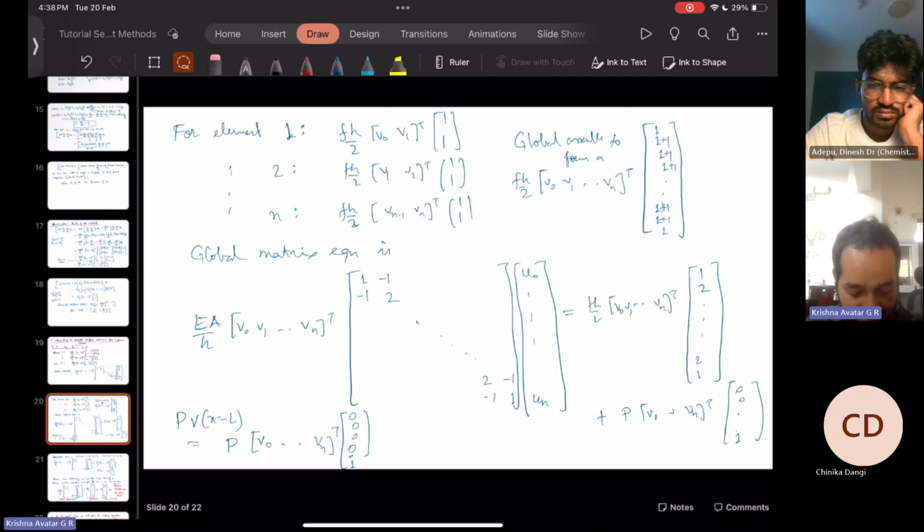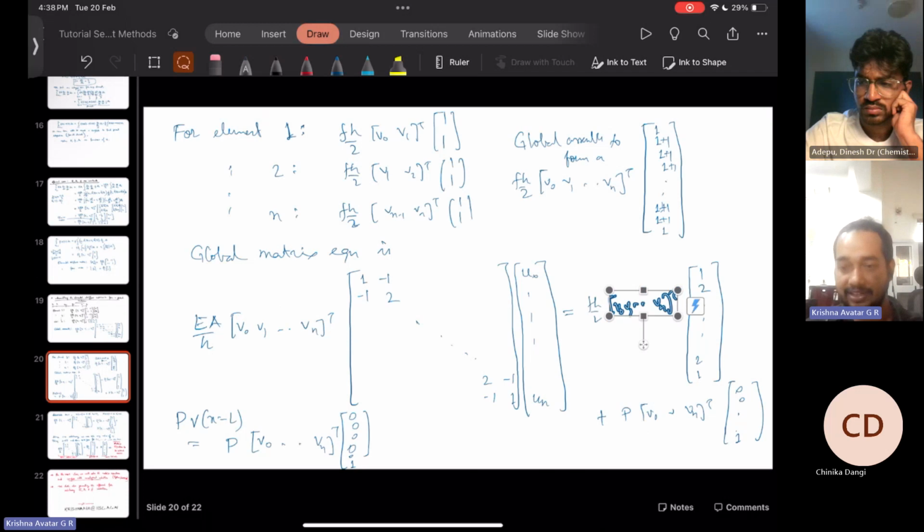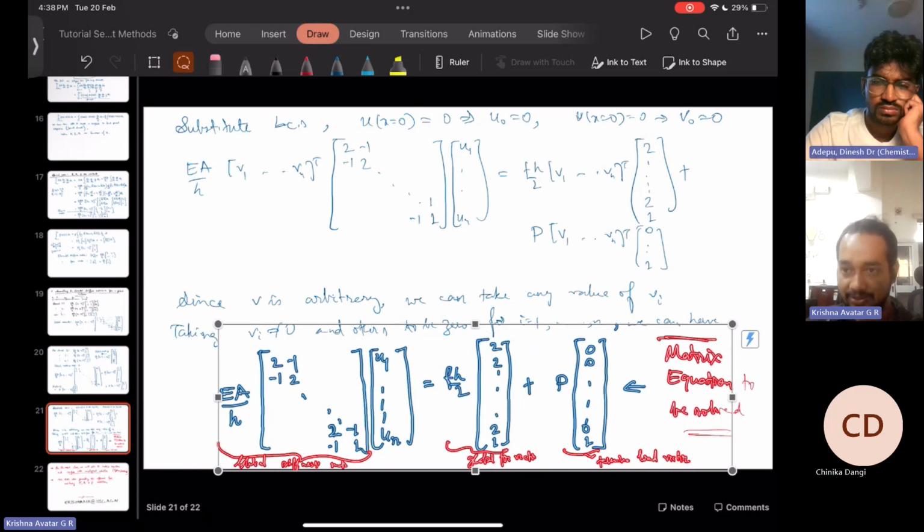Force comes on the right hand side, and then we eliminate these arbitrary constants on the left hand side, which are nothing but the arbitrary constants of the weighting function. And then eventually we were able to add the boundary conditions, and this is our final matrix system of equations that we are going to solve.